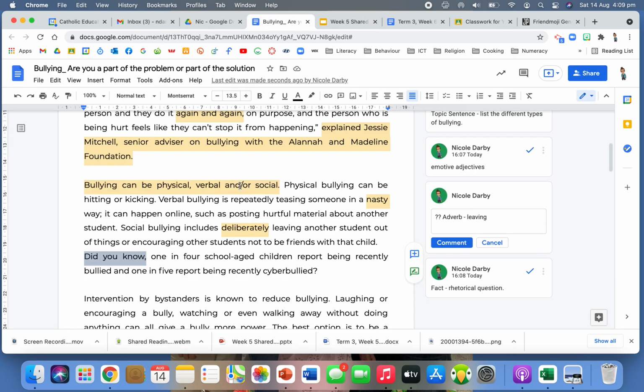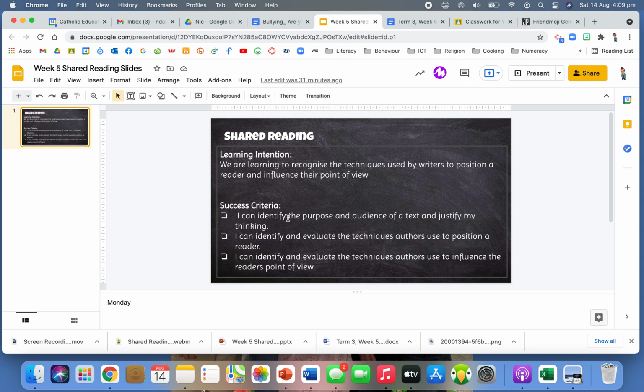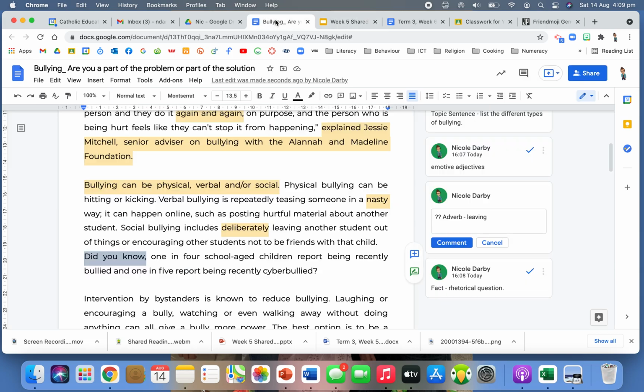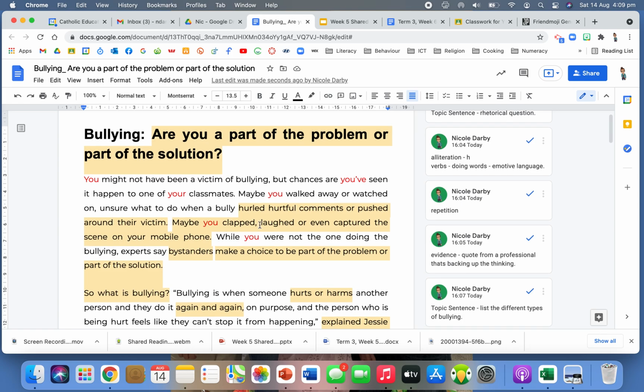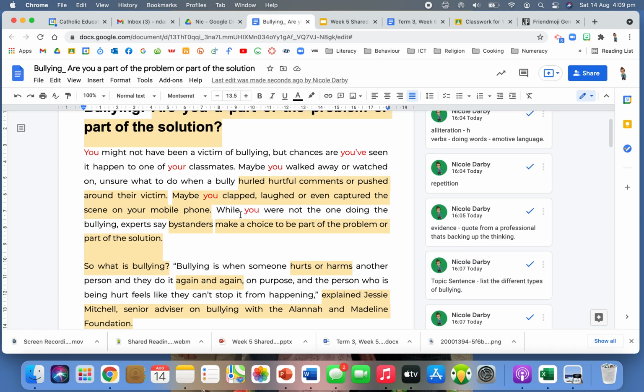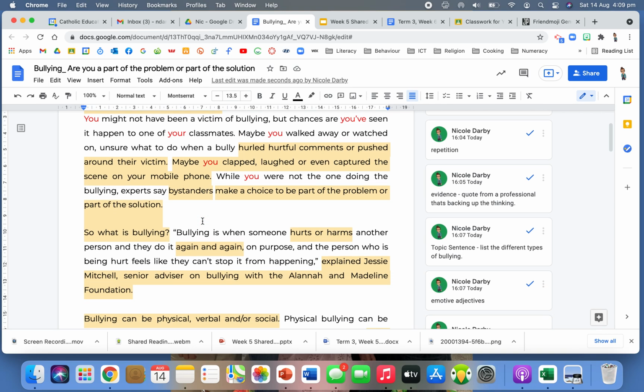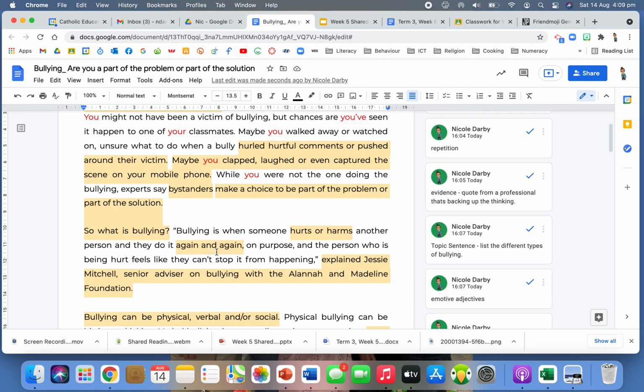So if I come back to here and I think about the techniques they're using to position a reader and the techniques they're using to influence my point of view, I'm looking at all of the things that this author's doing. They're using personal pronouns. They're using rhetorical questions. They're using topic sentences to support their paragraphs.